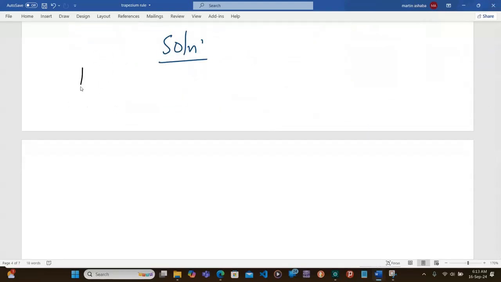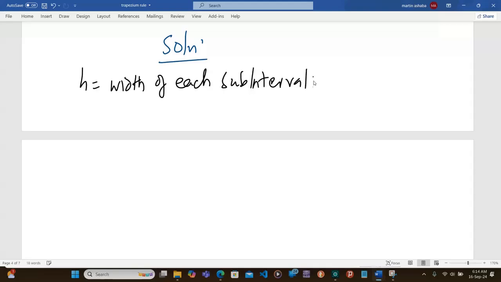So what is our h? H is the width of each sub-interval, and this is the same as b minus a out of n. But b is 4 and a is 1. But what is n?